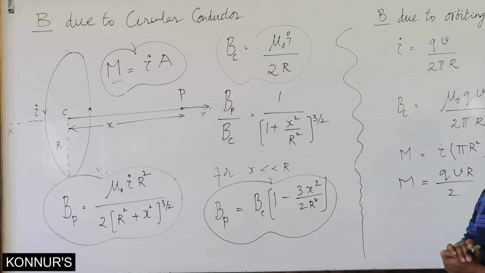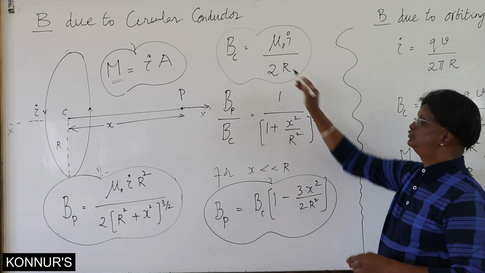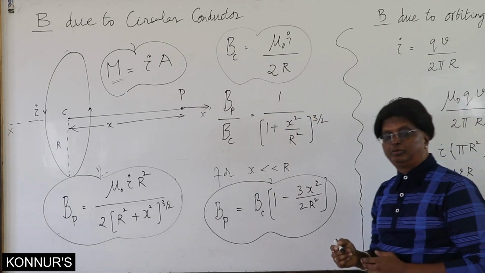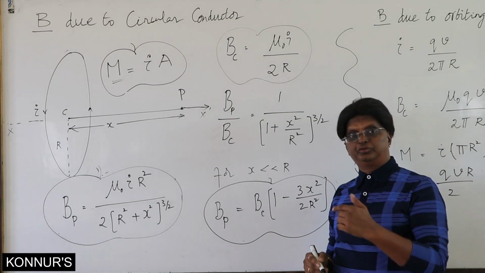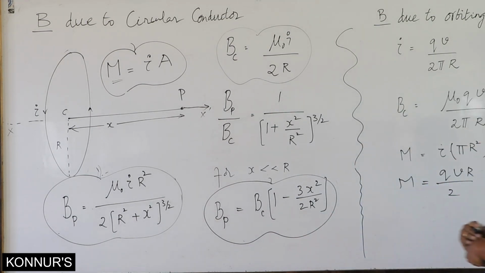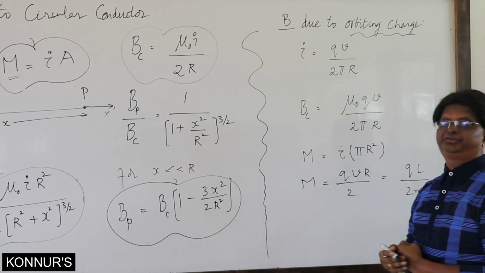Now let me take the same expression, mu naught I by 2r. As I told you, we may think that it is more number of formulae. No, to show you that, I am giving you one more result: let us take the case of B due to an orbiting charge.